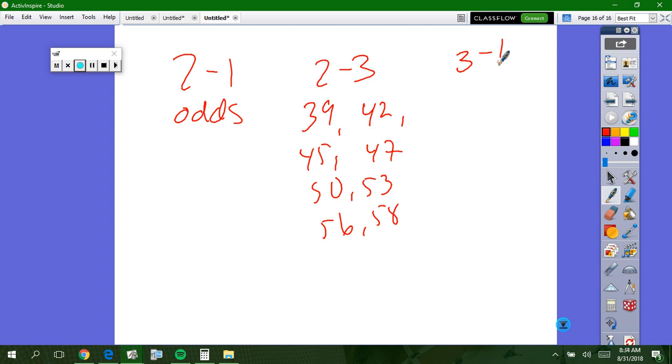Three dash 1. That's not many. Let's just do the odds again. That's just 6 problems. 3 dash 1. It kind of got cut off on the top. I apologize.